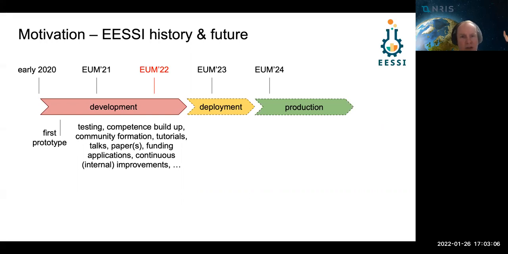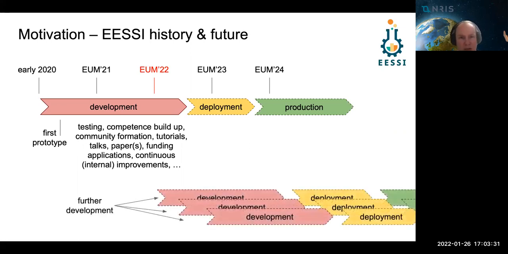The hope is that sometime this year we can say, okay, now we have the first version of EESSI ready, so that we can also go for real deployment, and then maybe at the second next EasyBuild User Meeting, we have it in production.